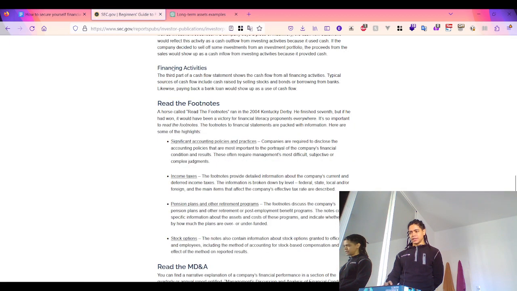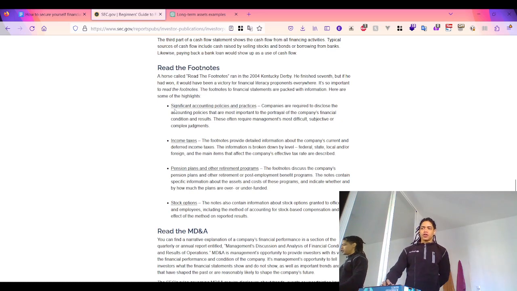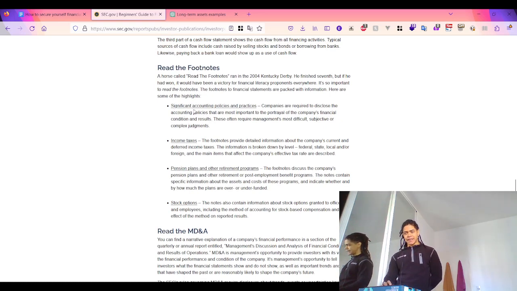All right. Then after that, I read the footnotes, which contain a significant amount of information. Here are some highlights. First, significant accounting policy and practice.